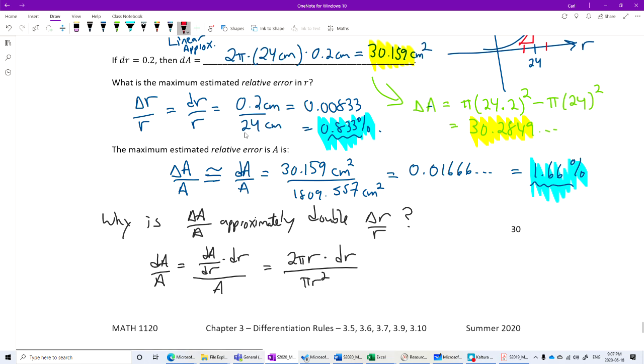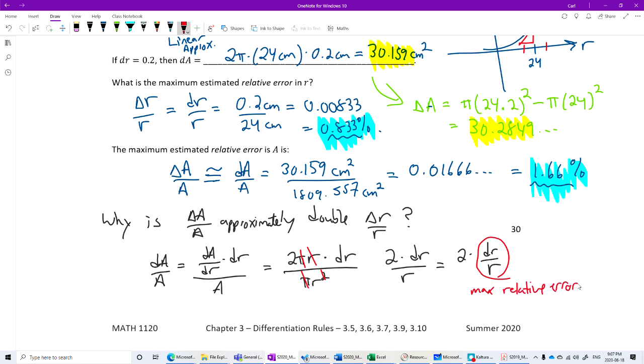Now if I do a little bit of simplification and canceling, there's the 2 there. So it's 2 times dr over r. This is the maximum relative error in R, and this is the maximum relative error in A.